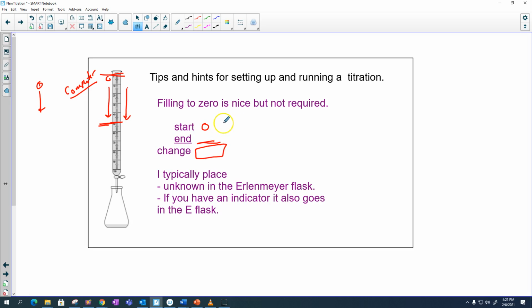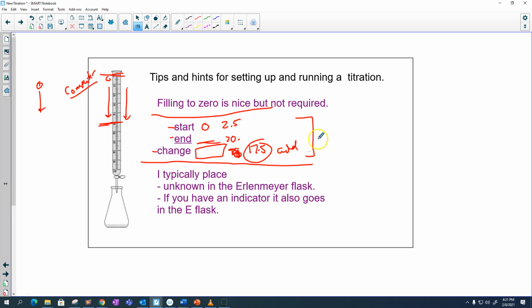Start could be 2.5, ends at 20, and therefore the net difference is 17.5 you added. The amount in the burette doesn't matter, it's how much you actually add. And so a start-end change is a very common, just logistical thing in our notes that we're going to want to use. If you're using a pH meter, then we don't typically use one of those, and you'll see why momentarily.